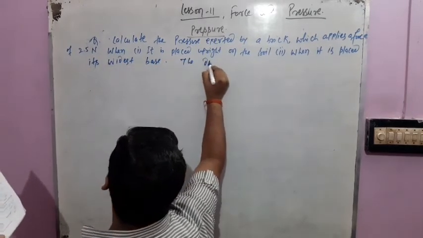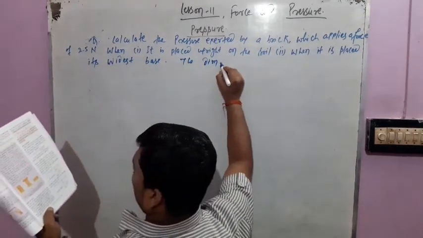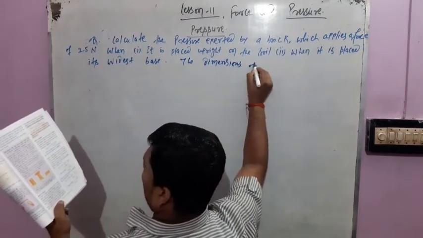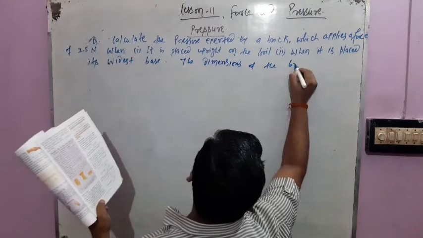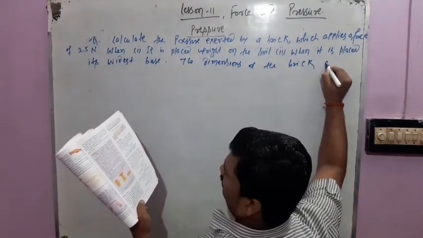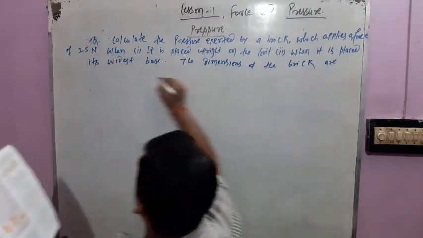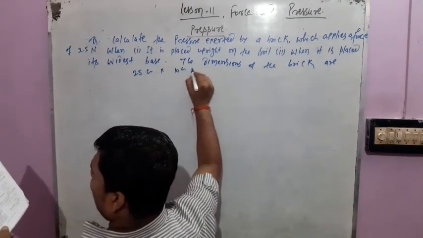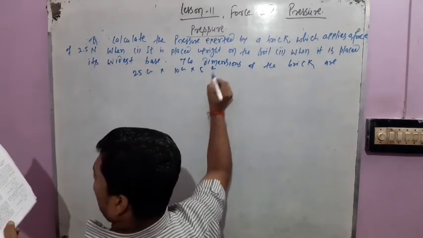And here the dimensions of the brick are 25 centimeter into 10 centimeter into 5 centimeter.